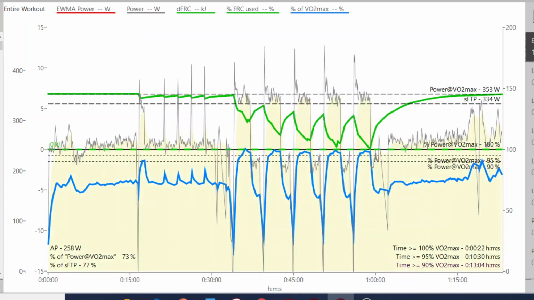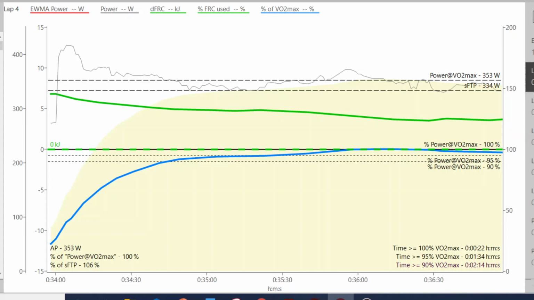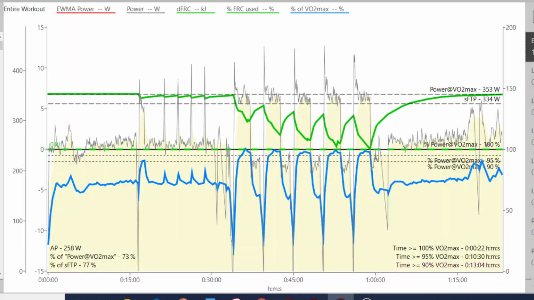That doesn't change. Well, actually, it does. So this is interval number 1. That's where he got his 22 seconds, greater than 100% of VO2 max. But overall, for the whole workout, that's what I want to look at.